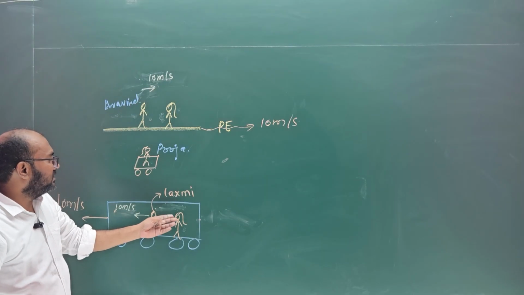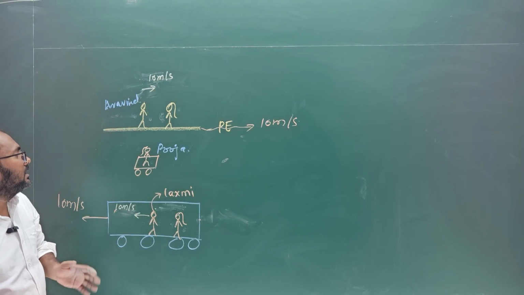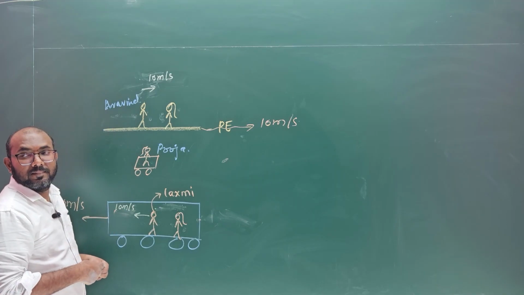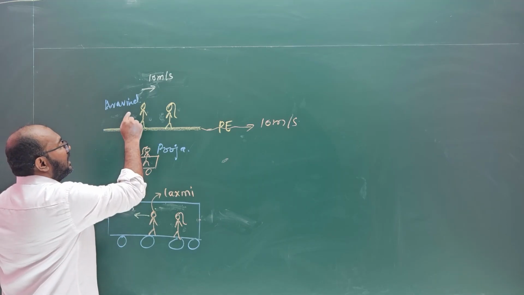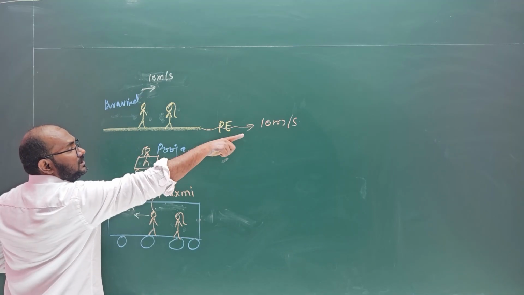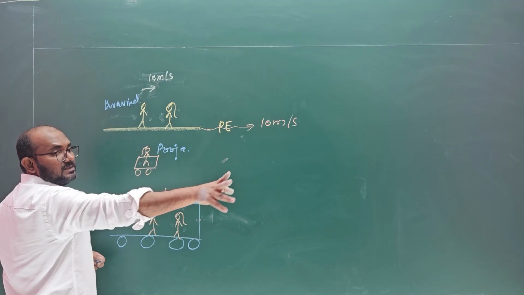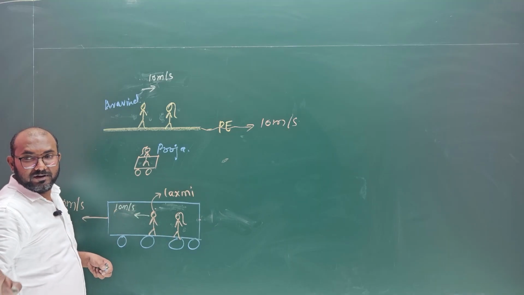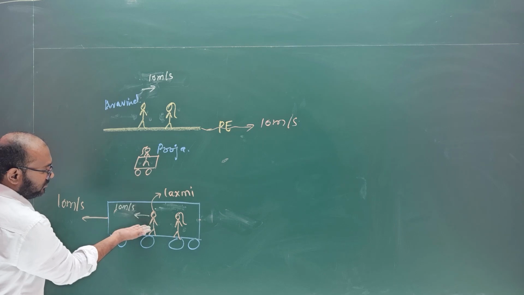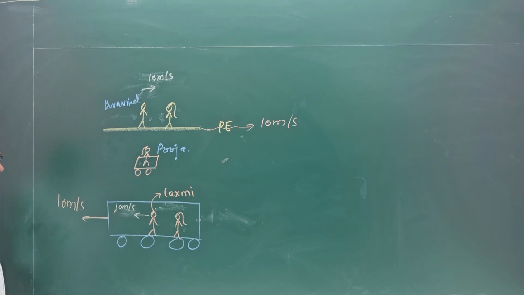He says positive, she says in the negative direction. Okay. Now, if I ask Pooja, what is the speed of Arvind? 20. Yes, very good. Pooja will say that Arvind's speed is 20. Why? Because both are on the same frame, velocities are added. Got my point? Okay. What about Pooja when she says about this Lakshmi? Yes, 20. Why? Because both are moving in the same direction. Got my point? Okay.